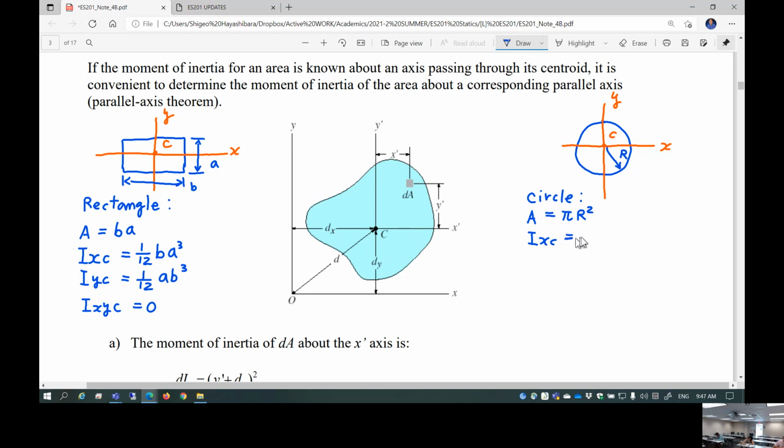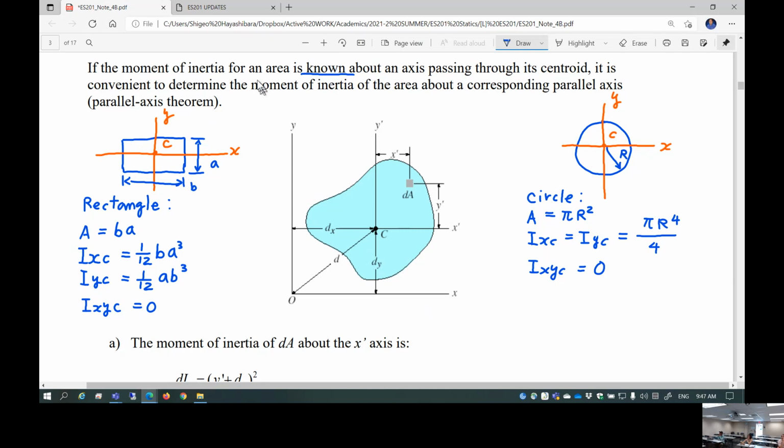Ixc, which is exactly equal to Iyc, for a circle is given as pi times r to the fourth power divided by 4. Ixyc is again 0. So those are the moments of inertia for an area with a standard shape. These are very well known.